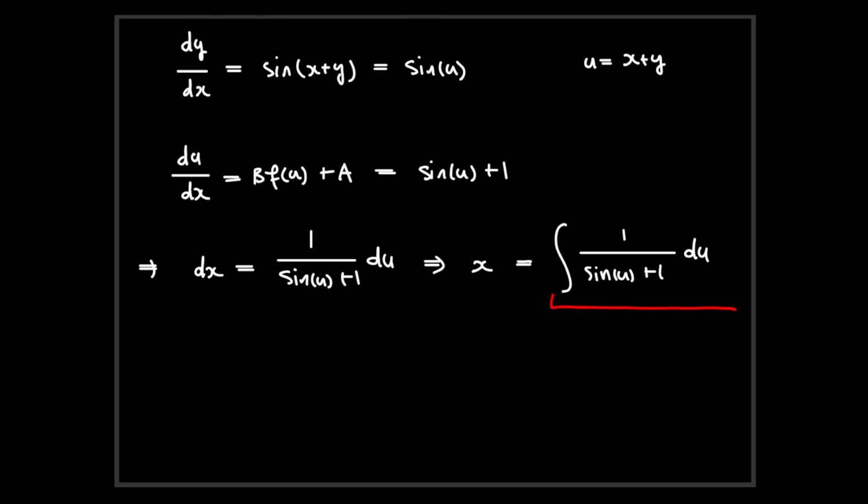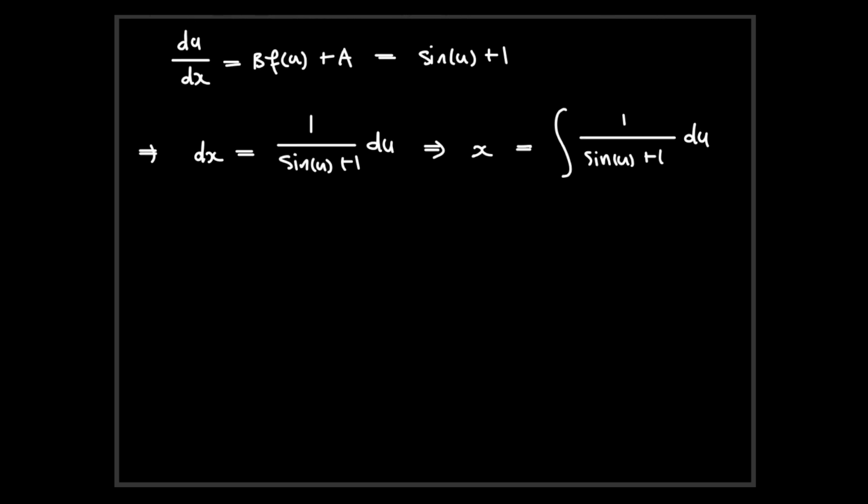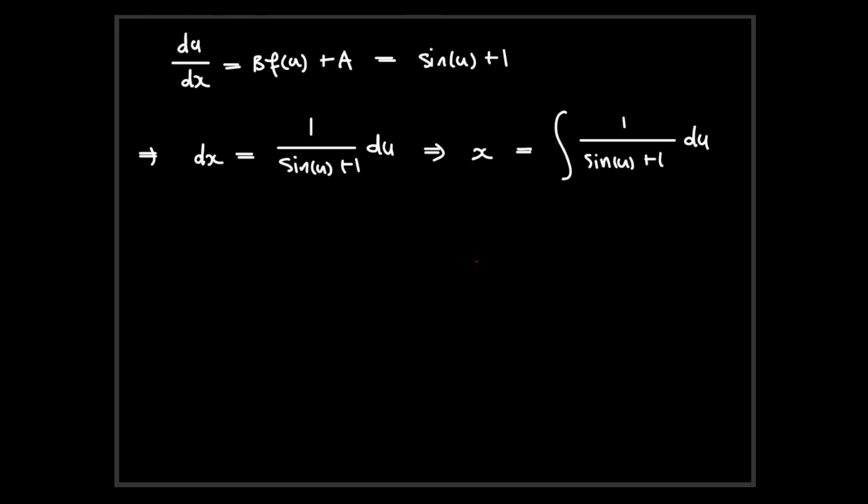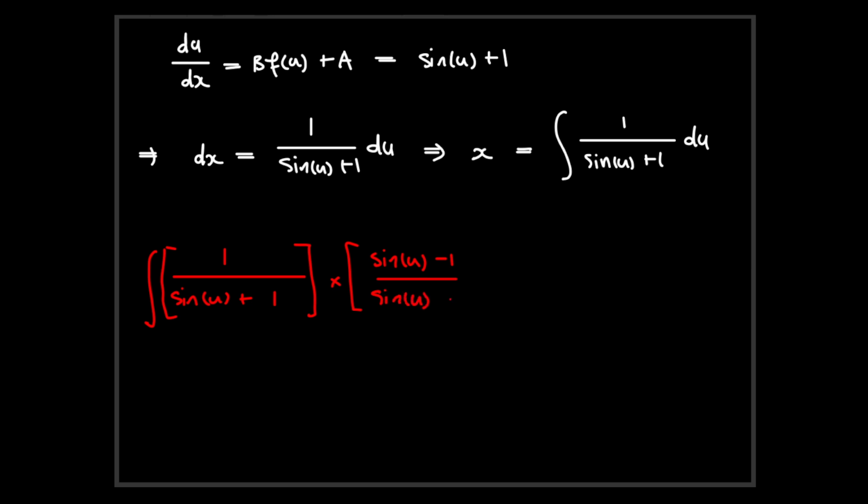What is this integral? To solve this kind of integral, let's just note that there's a trick involved here, and that is to multiply by a clever 1. So here we'll just complete this integration by multiplying by a clever 1, which in this case is just going to be sine of u minus 1 divided by sine of u minus 1.